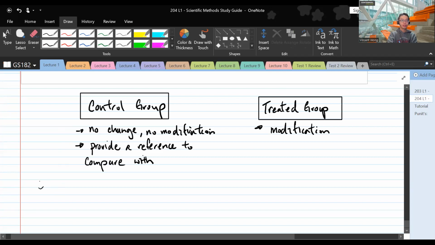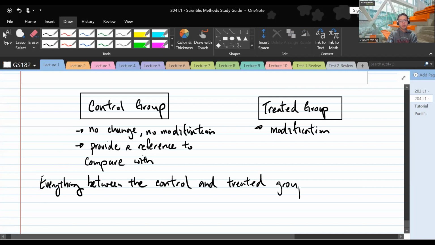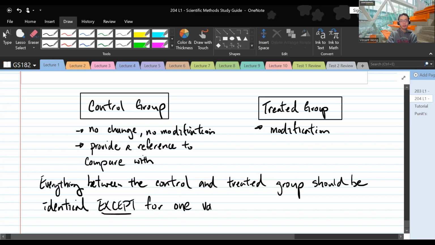Let's write that down for you. Everything between the control and treated group should be identical, except for one variable.